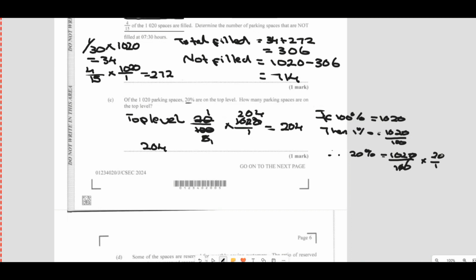Same thing, cross out this, 102 multiplied by 2 is 204. You'll get the same answer, right? Whichever method you're comfortable with, you can do it.